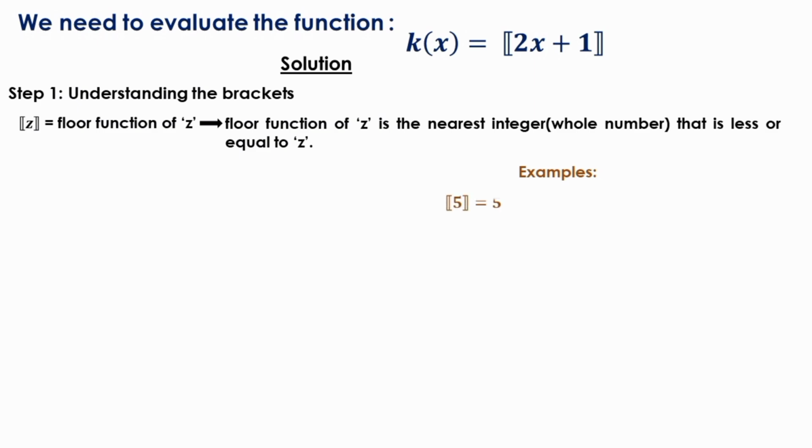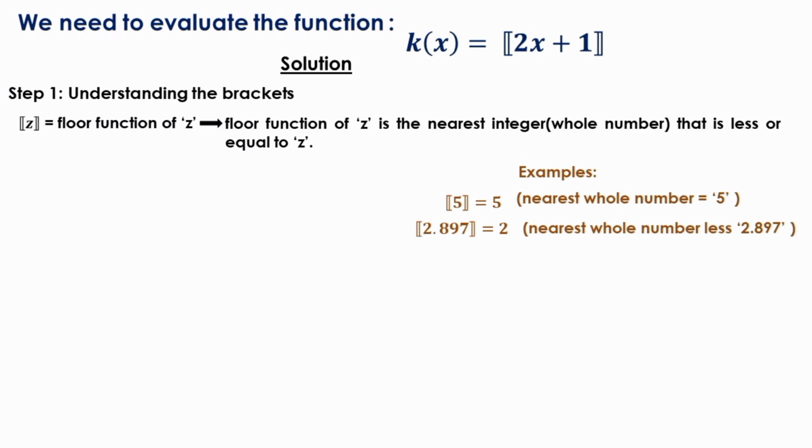Let's use numerical values. If you are asked to find the floor of 5, the floor of 5 is 5, because it is the nearest whole number that is equal to 5. Another one is the floor of 2.897. The floor of 2.897 is 2, because it is the nearest whole number that is less than or equal to 2.897.